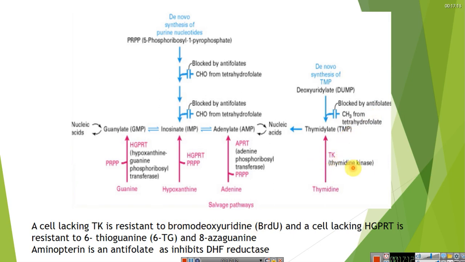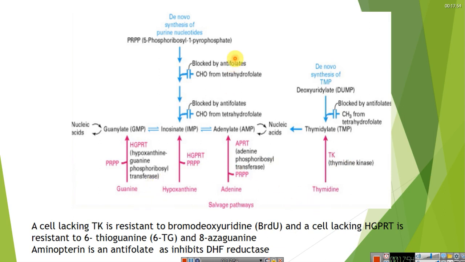And the cells lacking HGPRT, this HGPRT is sensitive to 6-thioguanine and 8-azaguanine. So this is sensitive to BrdU, and this is sensitive to 6-thioguanine and 8-azaguanine. If you add these compounds in the medium, these two enzymes will be inhibited and the salvage pathway won't be possible.